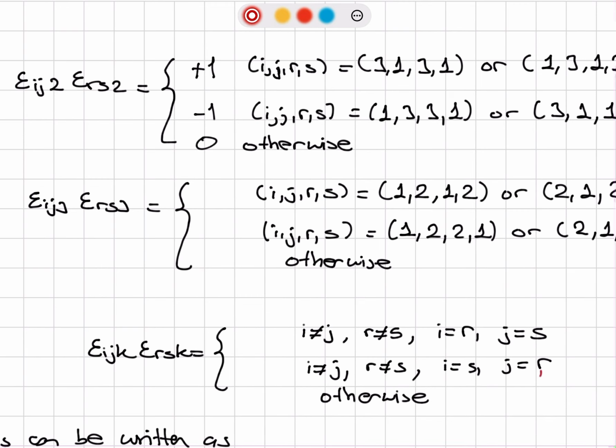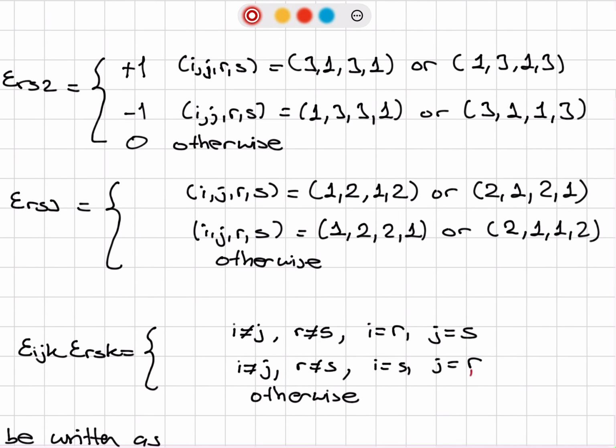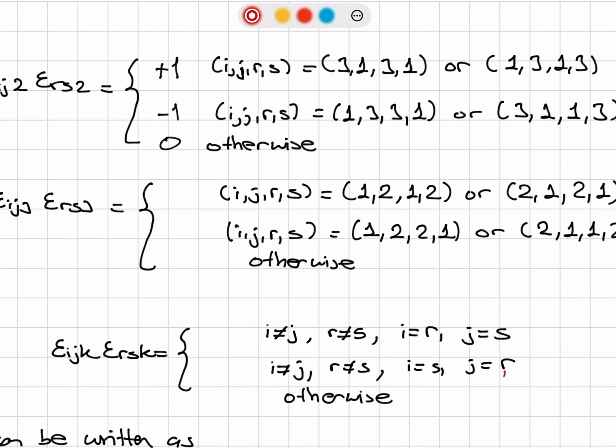And for the epsilon ij3, epsilon rs3 term, I can have 1 or 2 for each of these indices. So this 1, 2, 1, 2 scenario, 1, 2, 3, 1, 2, 3, gives me plus 1 times plus 1, plus 1. Or if I have 1, 2, 2, 1, then it's going to be plus 1 times minus 1, or minus 1 times plus 1 if it is 2, 1, 1, 2. This will give me a minus 1, and it is 0 otherwise.